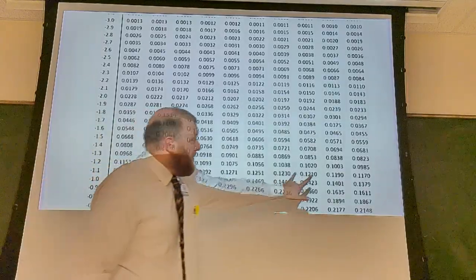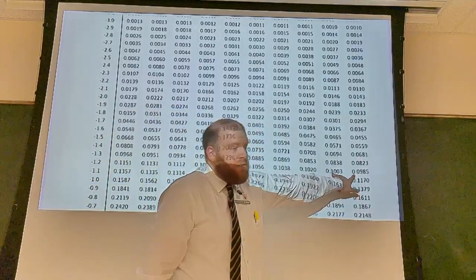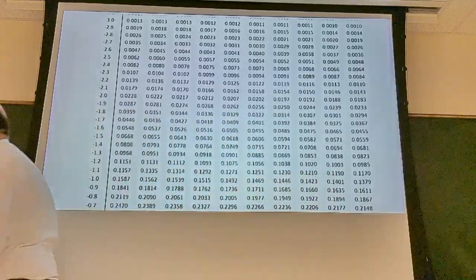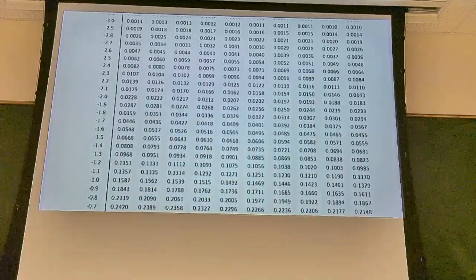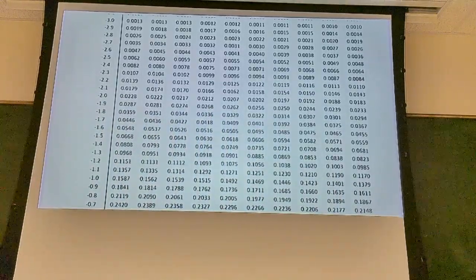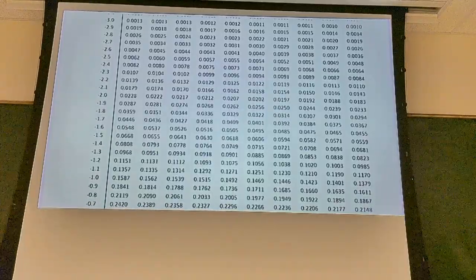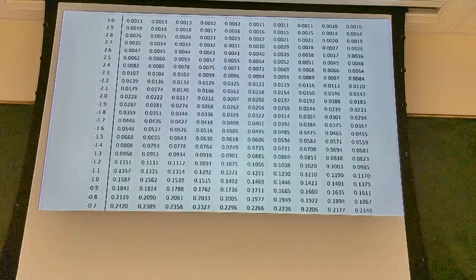The 1.28 is significantly closer, right? So I'm going to use negative 1.28 as my z-score. It's probably more like negative 1.2805 or something. But we're only going to go to 2.